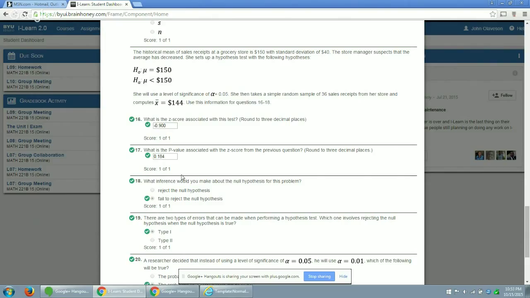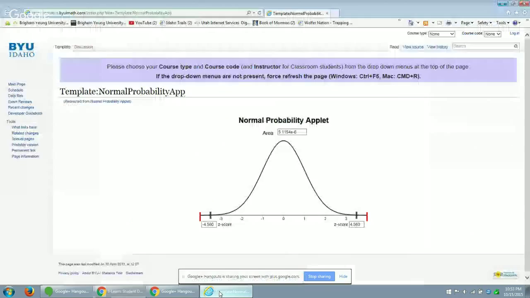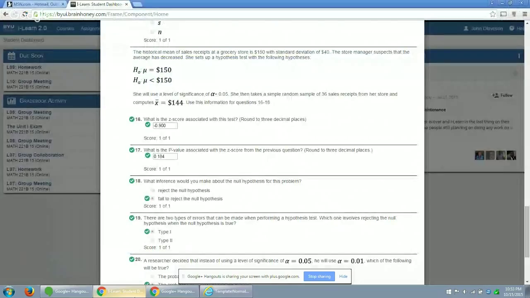Then you go over to the applet and you type in your new z-score.